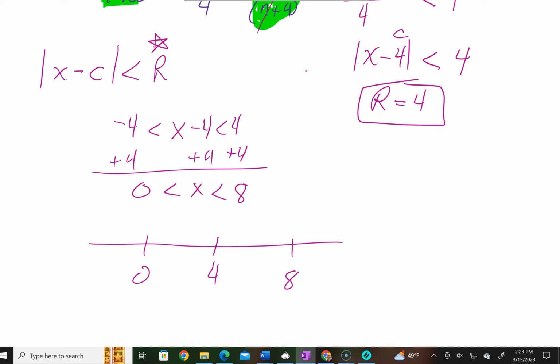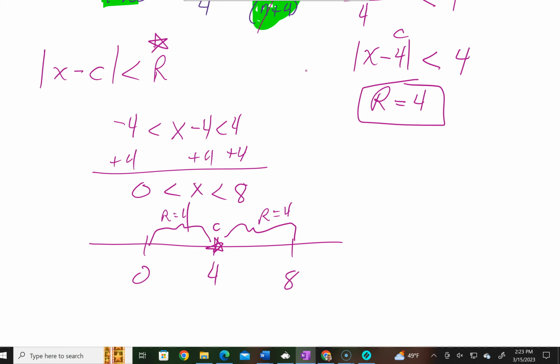And then you're going to say, here's 4 where you are centered. You see that? What's the distance that you're going to move to the right? 4. What's the distance that you'd move to the left? That's why it's called the radius of convergence. It's the distance that you can move from where you're centered, right and left. That's what creates your interval of convergence.